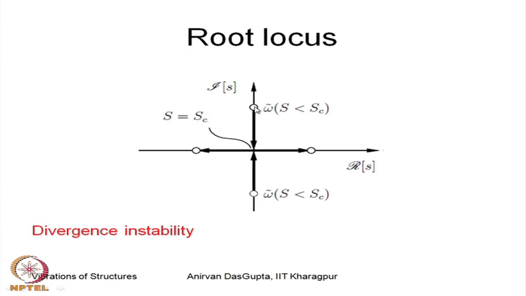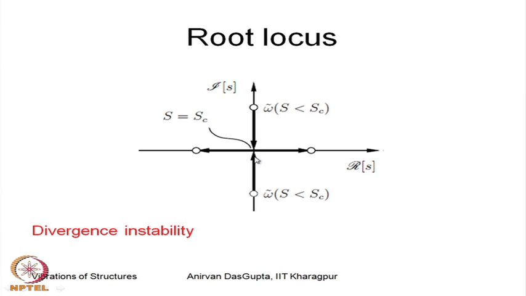So, this is plus I omega tilde and this is minus I omega tilde when the load is less than the critical load or the buckling load. As you increase the load, these roots go to 0. Once they reach 0, then they move on this axis.